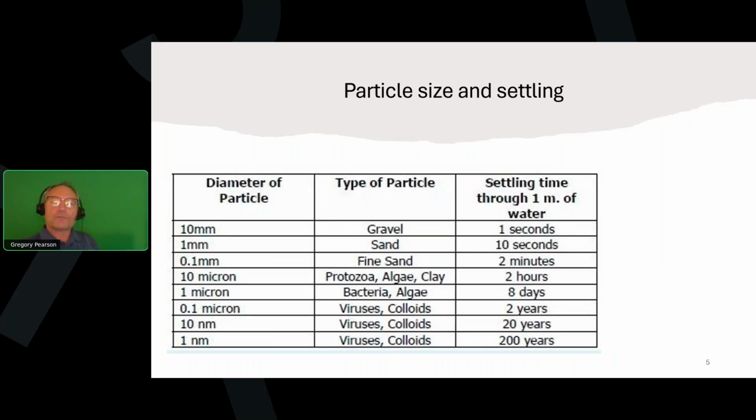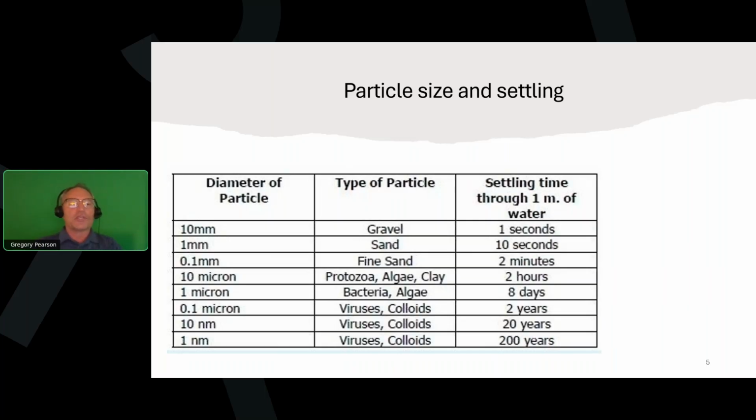In general, settling and filtering is a problem of particle size. If you look at this chart here, the larger particles, such as sand and fine sand, settle in a reasonable amount of time, 10 seconds and 2 minutes.